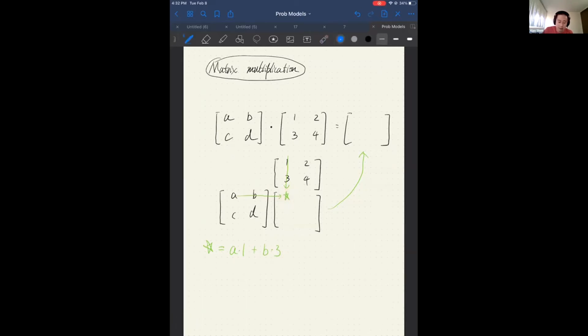Okay, and maybe just as an exercise, if we put a triangle here, can you write down the expression for the triangle in terms of the A, B, C, D's and 1, 2, 3, 4? You can think of it as created by the second row here and the second column here.